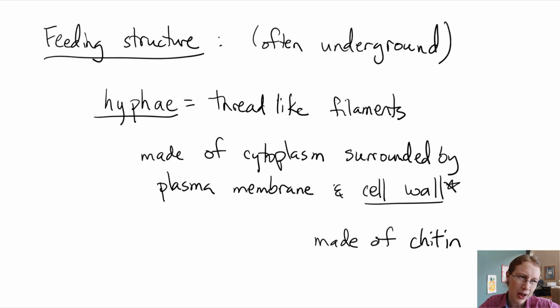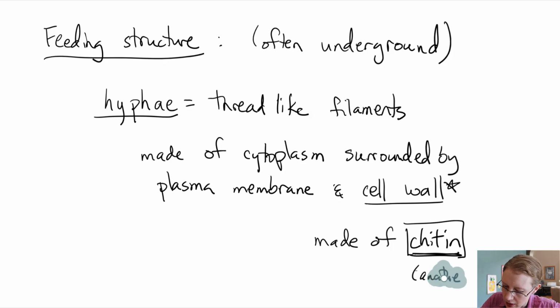Something that's present in bugs is also present in fungi. And this is one of the things that sets the fungus apart from plants. They have some really key differences, and this is one of them. So made of chitin, that's a word you'll want to know, another polysaccharide.